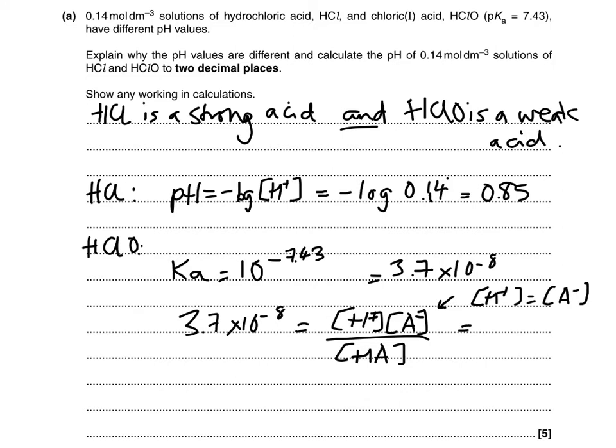So I can rewrite this as H squared over HA. It's a weak acid, so we can count the concentration as being the same as the initial concentration up here.